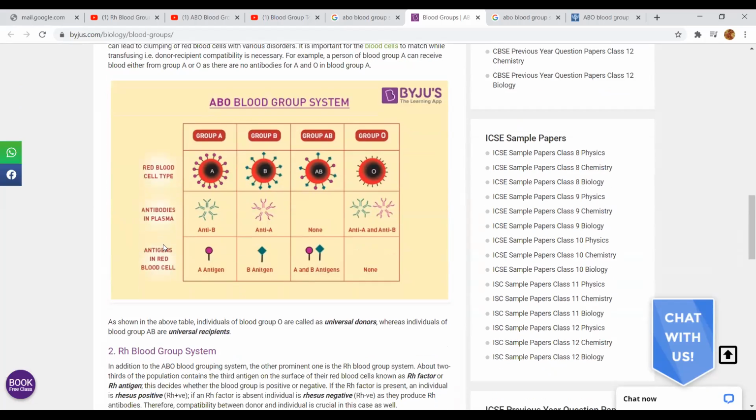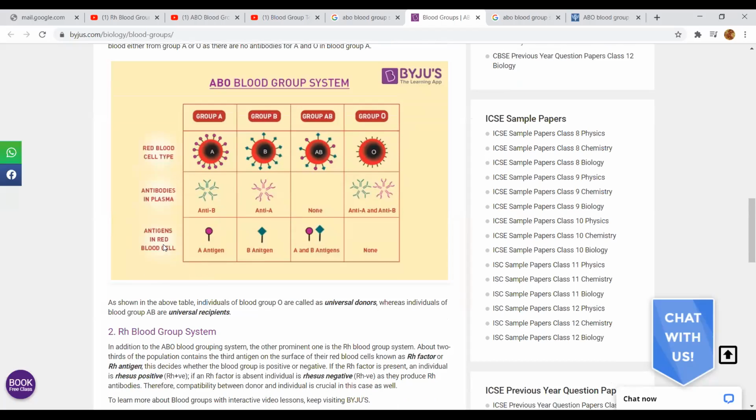Okay, so here you see this is a table of the ABO blood grouping system. This is group A, B, and O. Now, in blood group A, we have the antibodies anti-B. In blood group B, we have antibodies anti-A. In AB, there are no antibodies.